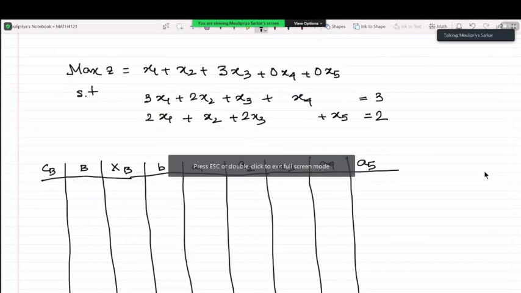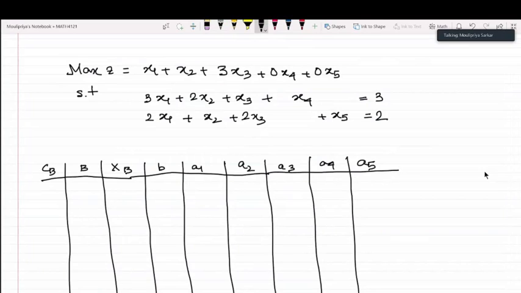Okay. So tell me, which vectors are our initial basic vectors? What do we write in place of capital B? What are the initial basis vectors?